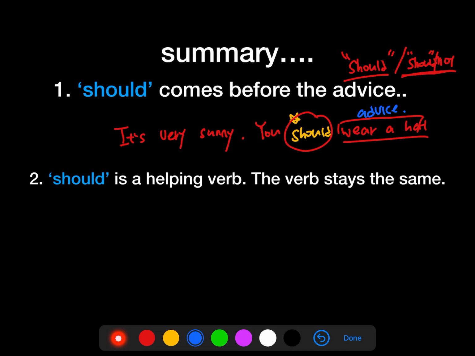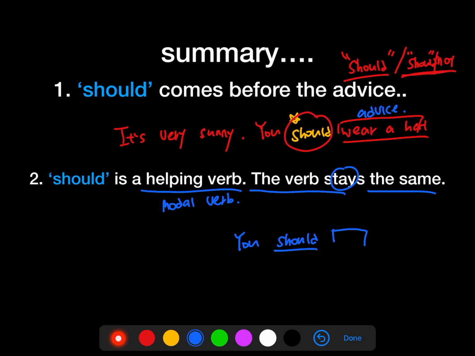Should is a helping verb. We also say modal verb. The verb stays always the same. So which means should is followed by the base form of the verb. The base form is wear.